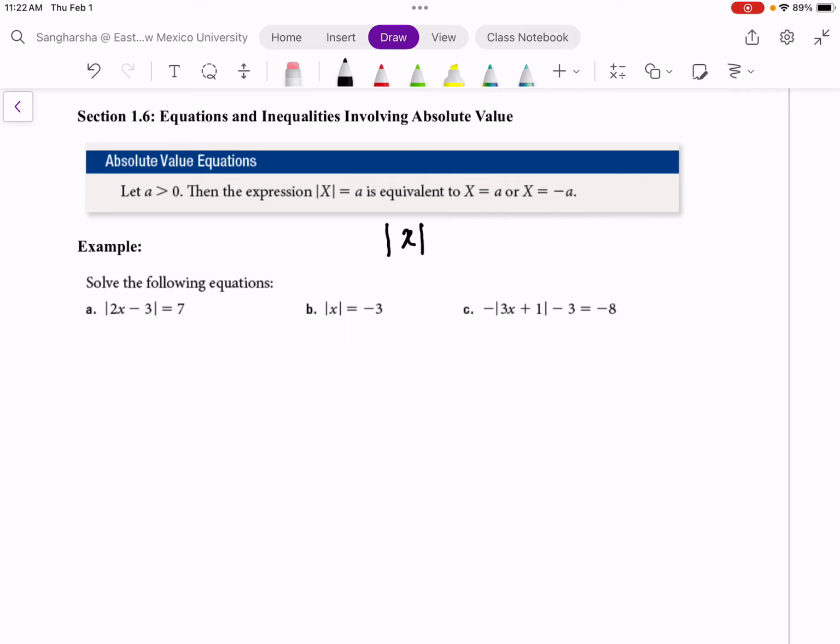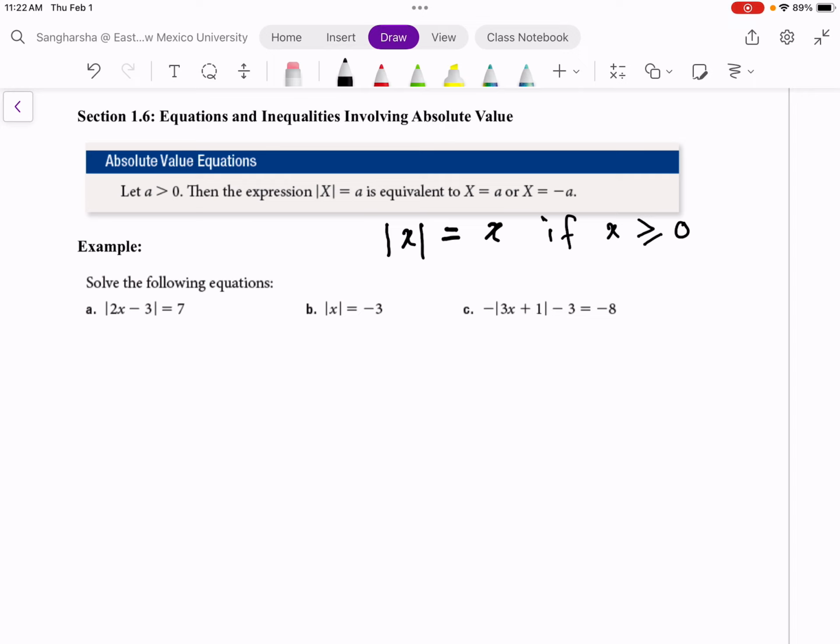This absolute value of x is equal to the same number, x, if x is greater than or equal to 0. If you have a number which is greater than or equal to 0 and you are trying to find its absolute value, its absolute value is the same number.